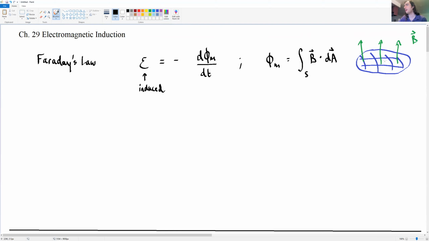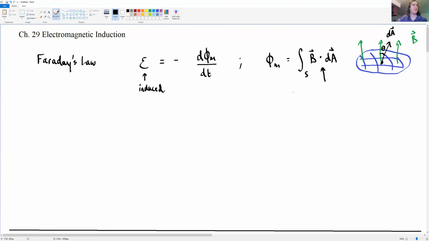And our area vector here, let's say at this point right here, is kind of coming out like this. Right, and then these two are making an angle, let's call it theta, with respect to each other, because we do have this dot product right here. Remember, we always have this dot product when we talk about flux.